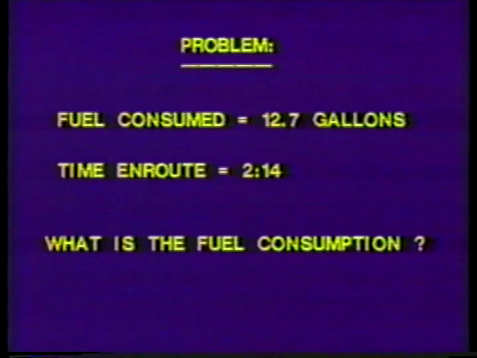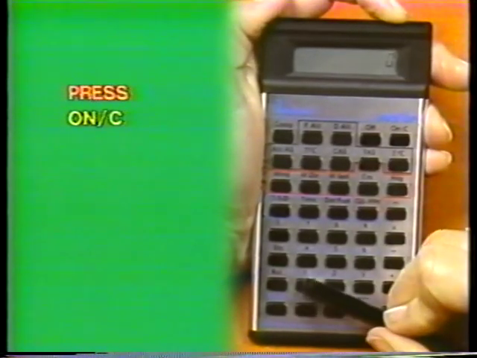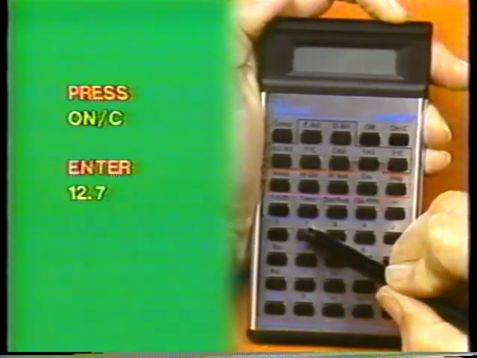Fuel consumption problems on the Avstar are comparable to time, speed, distance problems, just as they are on the E6B. You have refueled the skipper and find that you have consumed 12.7 gallons on a cross-country flight requiring 2 hours, 14 minutes. What is your fuel consumption? Clear the computer. Enter 12.7 gallons.